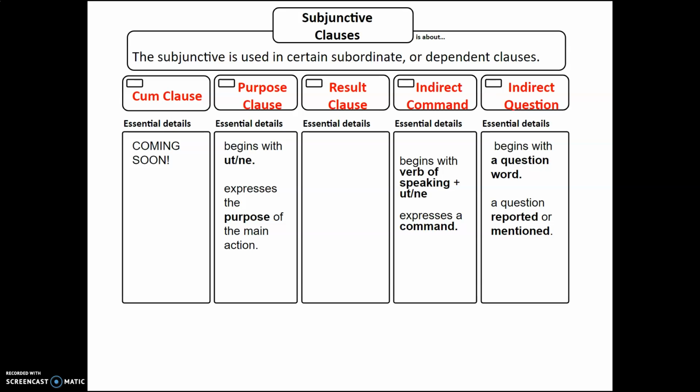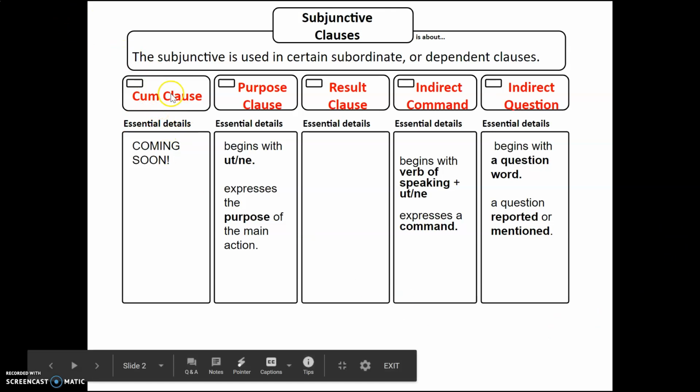They've got ut or ne in the middle, and they express a command. And we've learned indirect questions. Indirect questions have a question word in the middle of the sentence, and it expresses a question that is reported or mentioned. And then eventually we're also going to learn cum clauses, but we're not there yet.